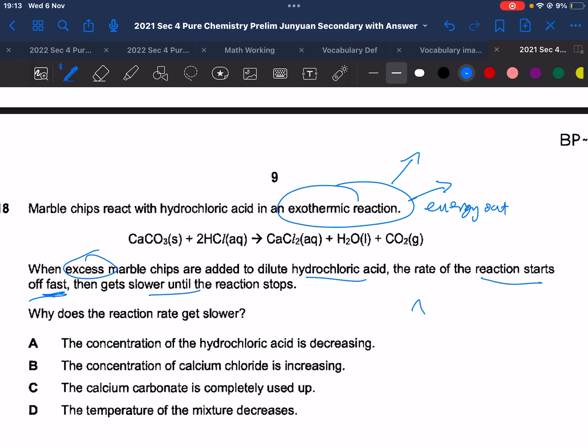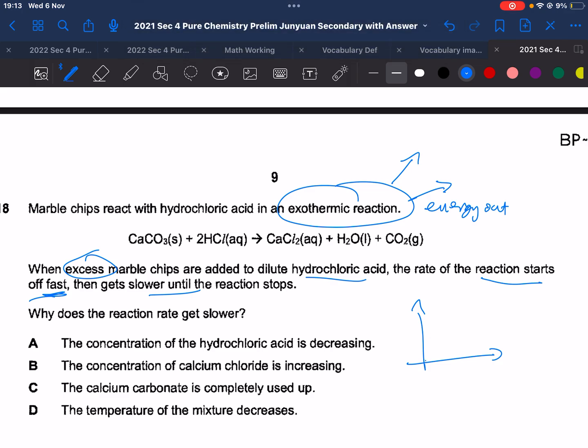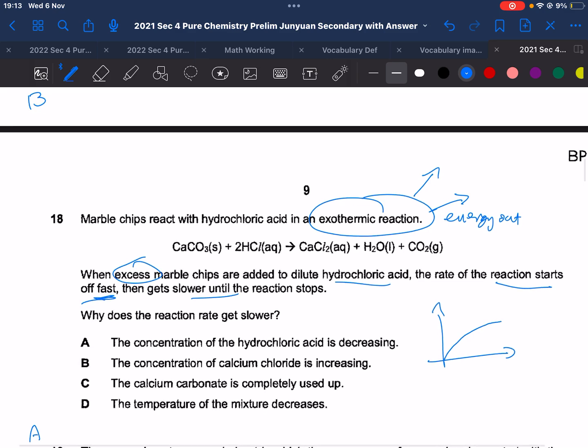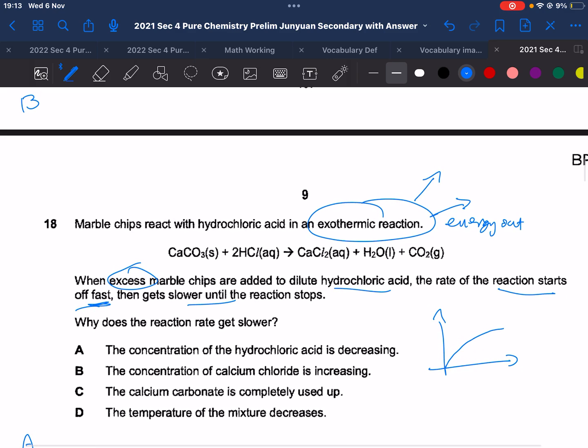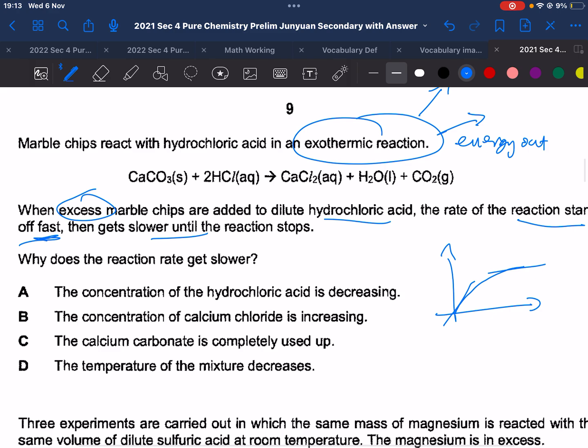So basically, a typical reaction will go like that. It will start off fast with its steeper initial gradient, then it will slow down, with the gradient becoming smaller. Remember, the steeper the gradient, the faster the rate.